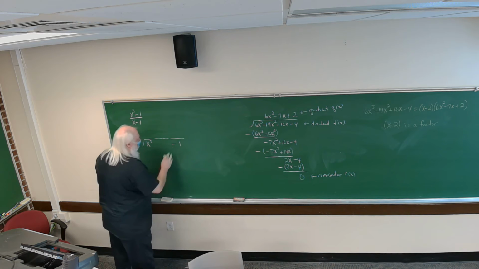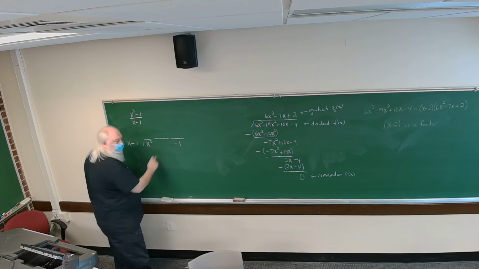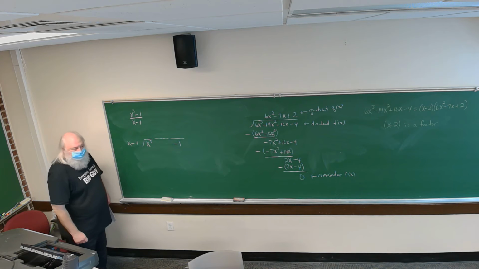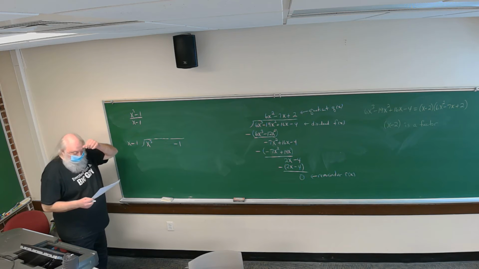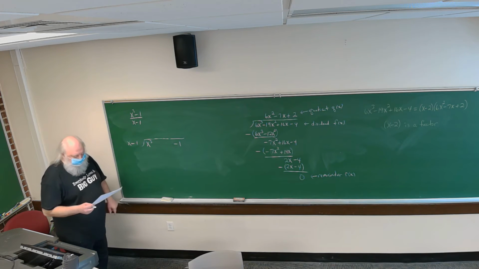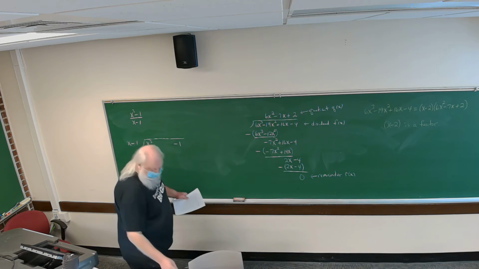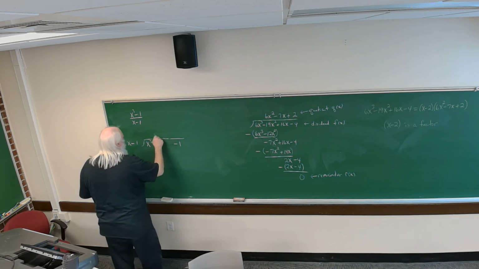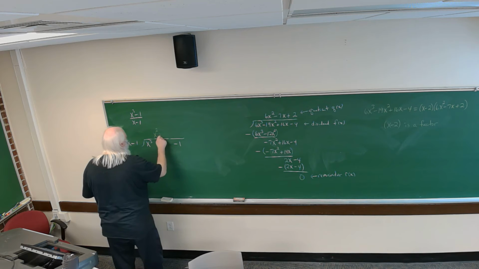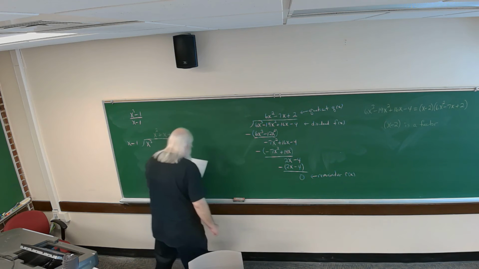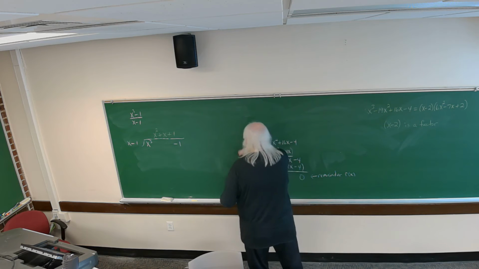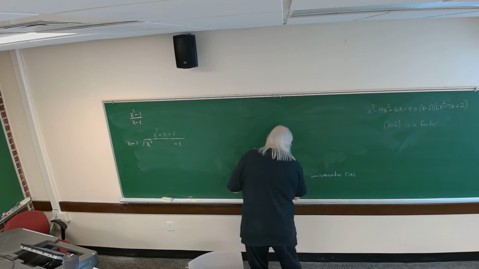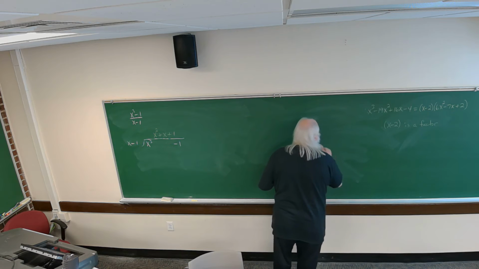I would set it up this way, leaving spaces for x squared and x. And then when you do the long division, you should end up with a quotient of x squared plus x plus 1. You verify that that's the correct quotient using long division on your own.